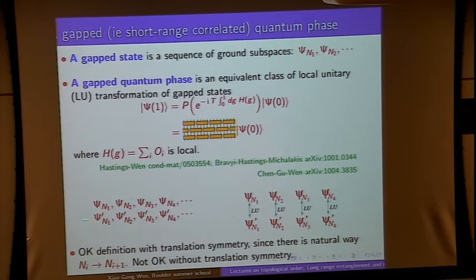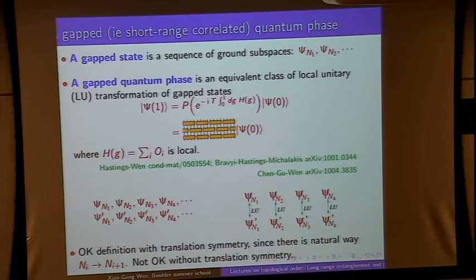If the sequences are connected by a local unitary like this, then we say these two sequences are equivalent. They belong to the same phase. If two sequences cannot be connected by a local unitary, then we say they belong to different phases. That's how we try to define what a phase really means. That's how the phase was defined.